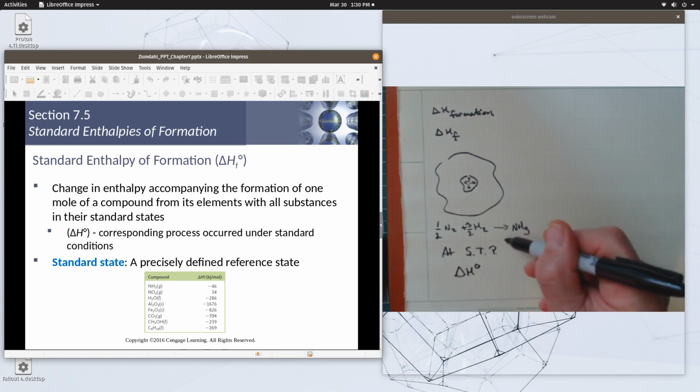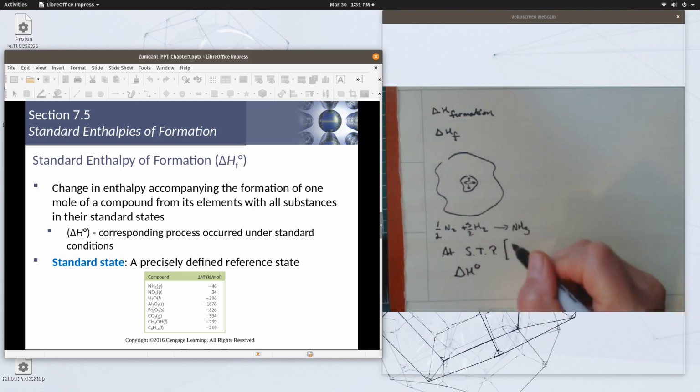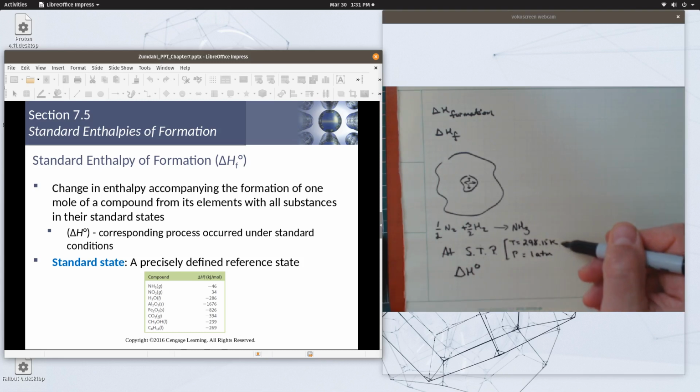What is the standard temperature and pressure? It is T equals 298.15 Kelvin and a pressure of 1 atmosphere. In other words, this is 25 degrees Celsius and 1 atmosphere of pressure. So why these particular quantities?